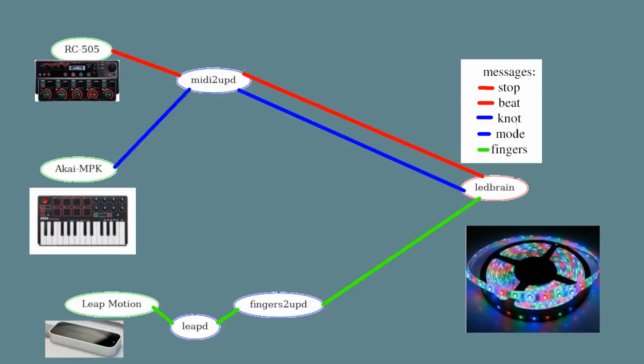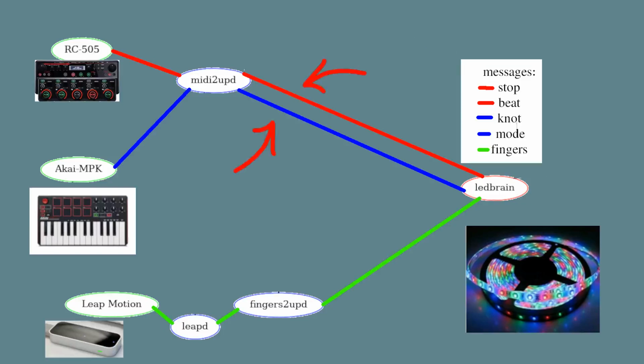If we simplify the diagram a little bit to explain the little programs, we have the RC505 and the MIDI controller connected to MIDI to UDP, the Leap Motion connected to the driver that is connected to our software fingers to UDP, and at the end we have the LED brain. The LED brain in the Raspberry Pi will receive 4 kinds of messages: stop, beat, note, mode and fingers.